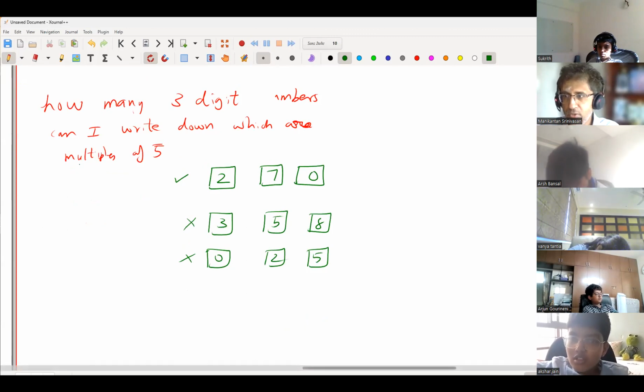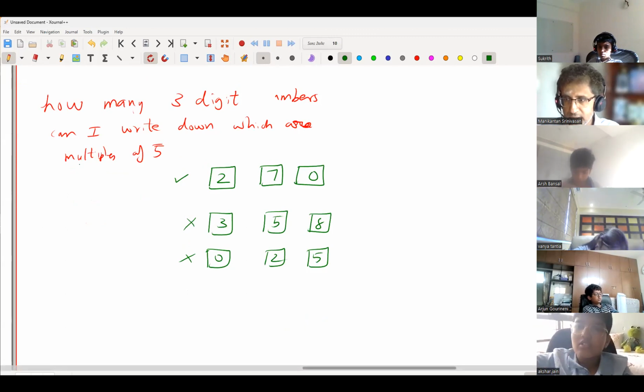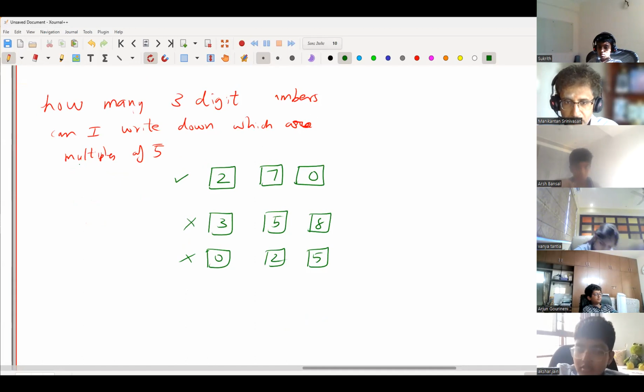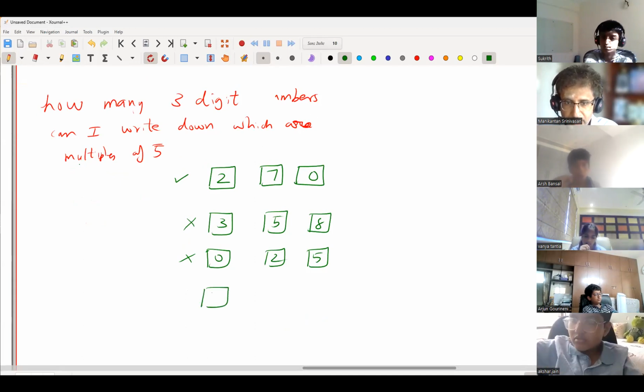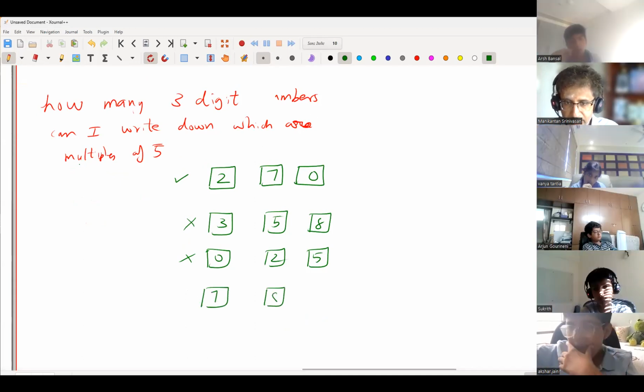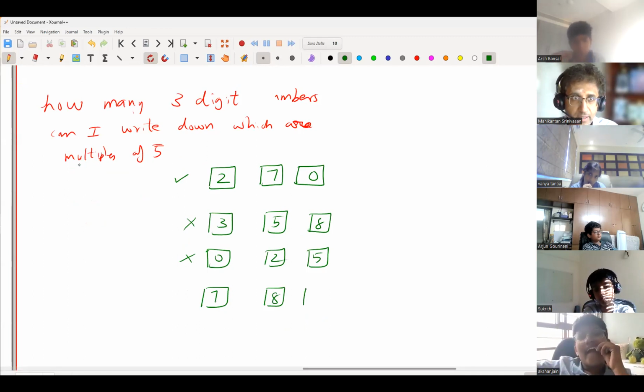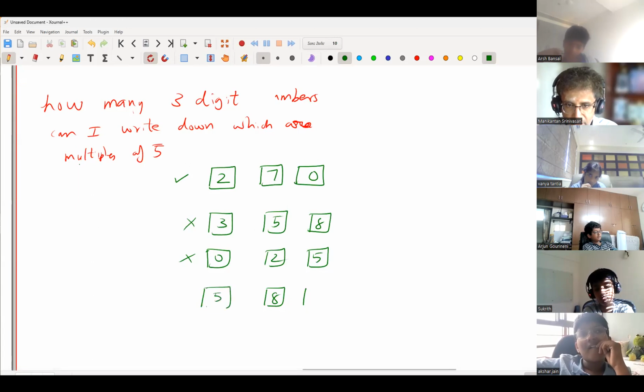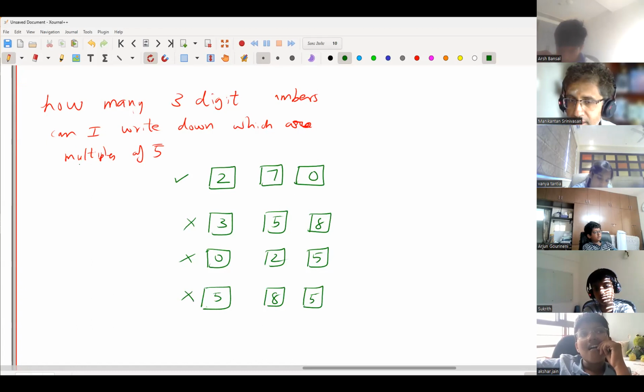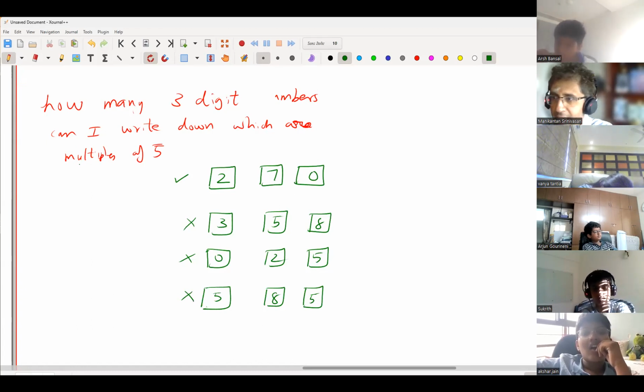I've given an example to show that it's not possible. Can you see this? Yes. To the other question on repeats, I'll give another example like 5, 8, 5, because it is a multiple of 5, but still I'm not including it because digits cannot be repeated. So I've given a good example and 3 bad examples that illustrate all the ways in which you can go wrong.